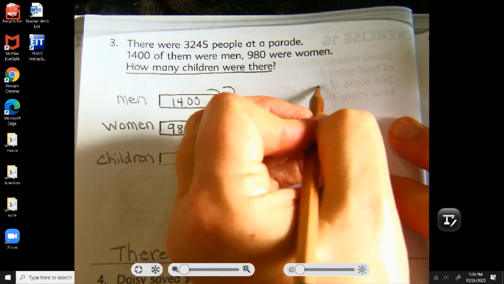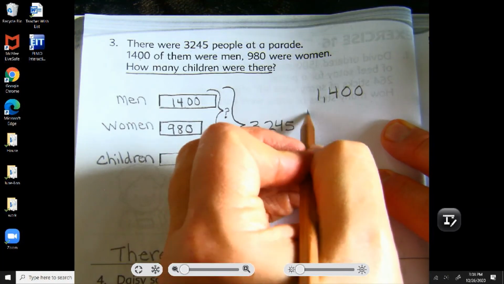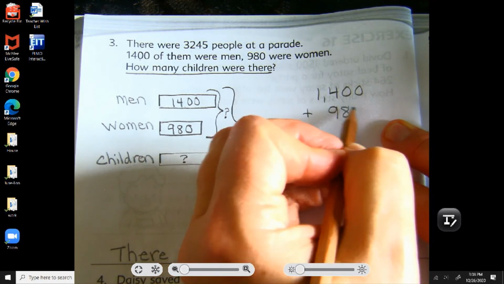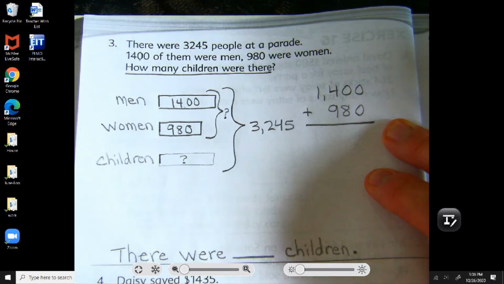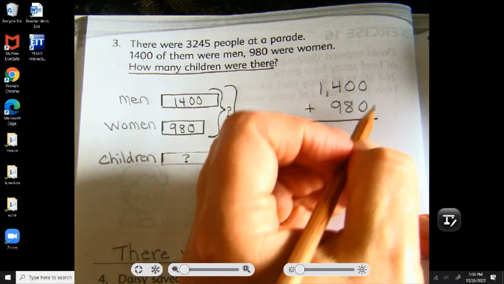So 1,400 plus 980 would tell me how many adults there are. That's important. So scholars, pause for a moment. Find that out. All right.